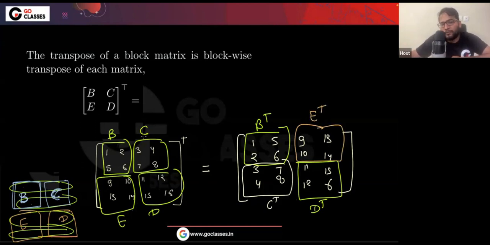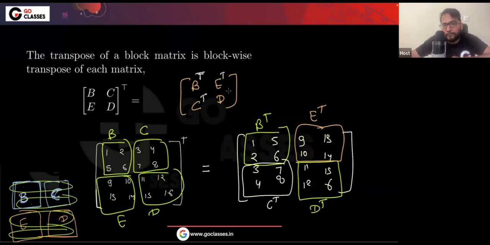So if the starting point is B, C, E, D, then what is the final result? If you take the transpose of this, finally you also transpose it internally, which means B, C and E, D. Will I stop at this? No. Individually also, each one. I mean, it is like internal: you have to transpose from the top, and also transpose every matrix.